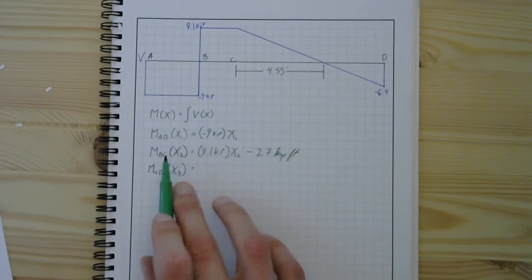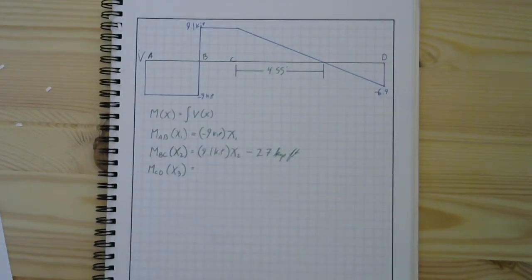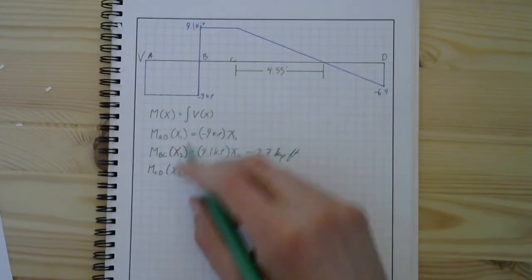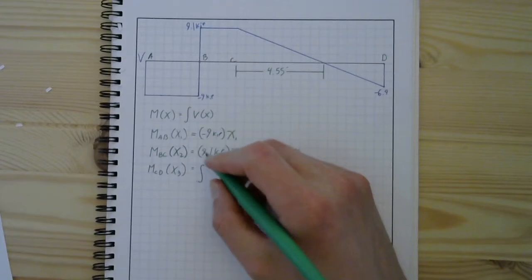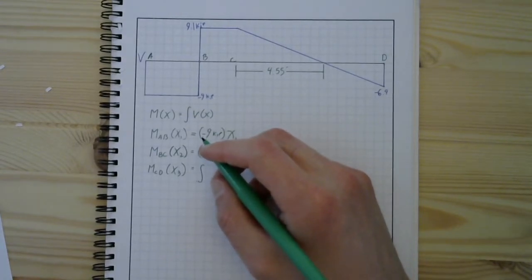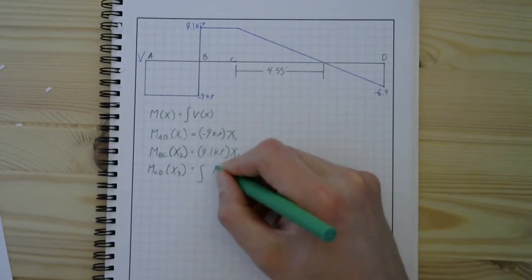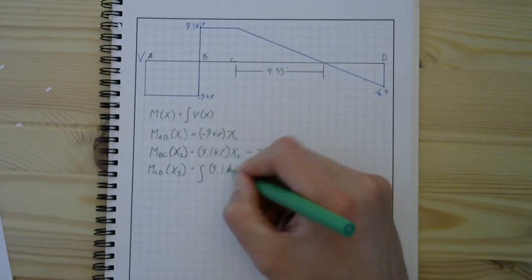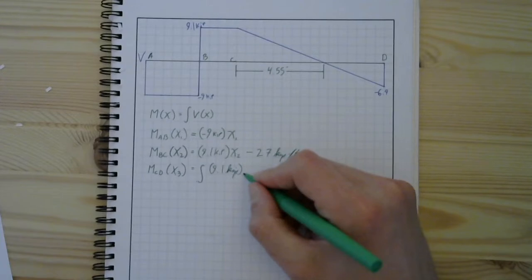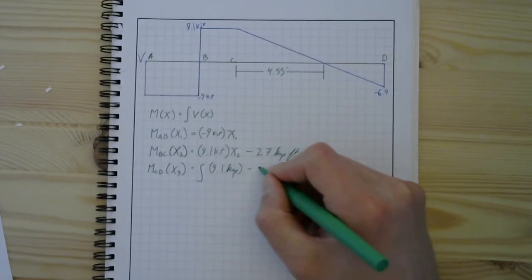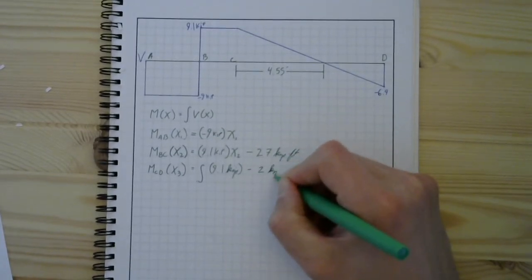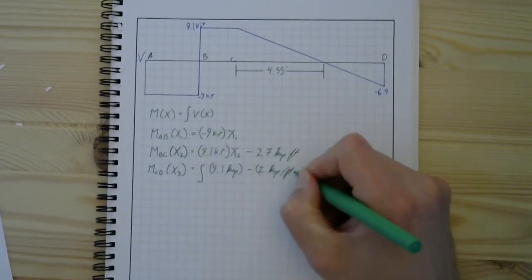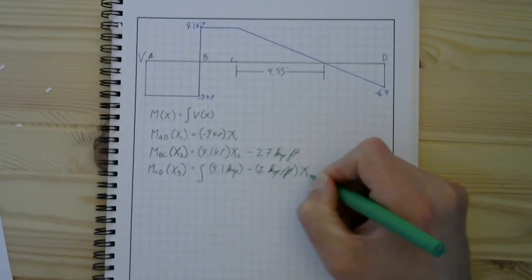So if we do that, let's see, the integral of our shear function from C to D is 9.1 kip minus 2 kip per foot times x3.